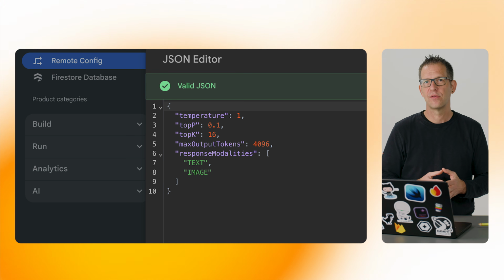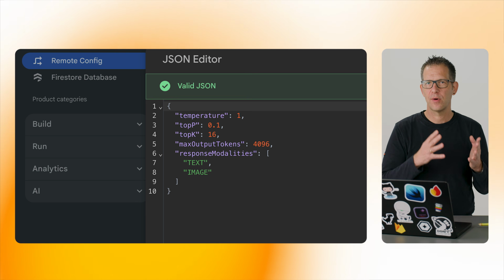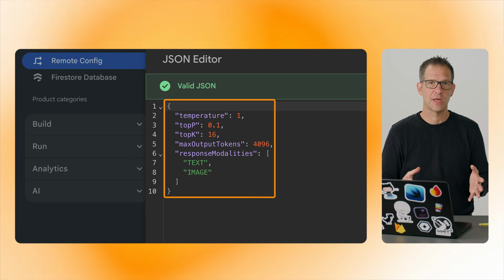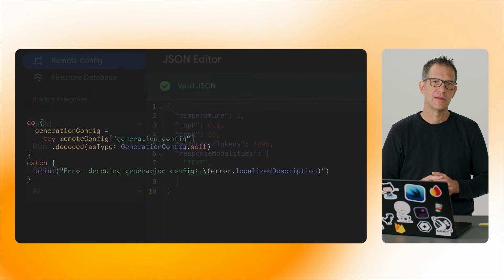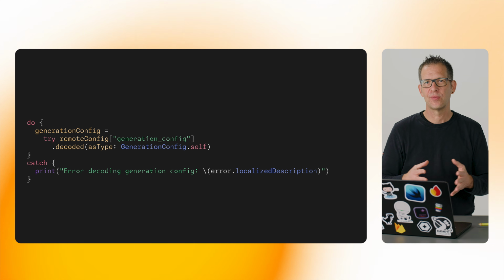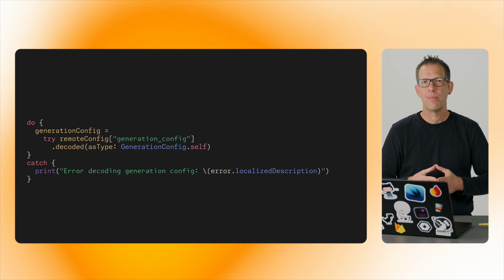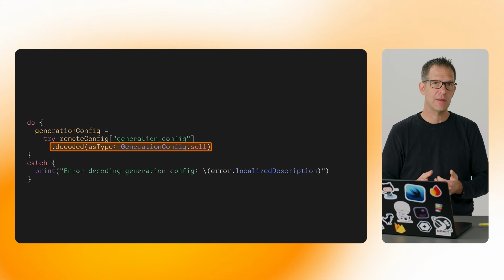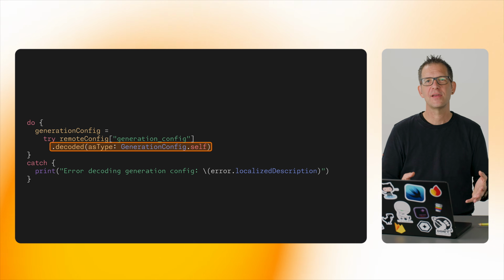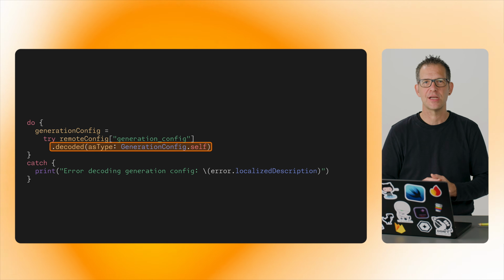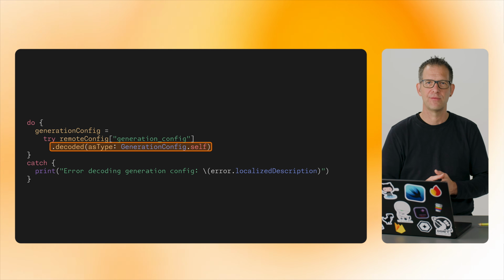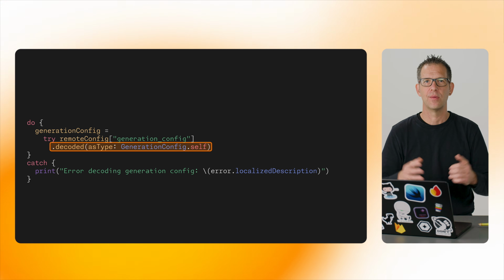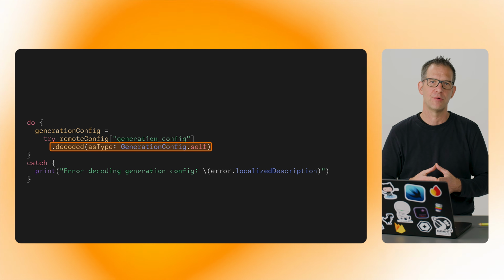Remote config supports JSON, so we can define the model parameters using a JSON object like this. Now, thanks to the Codable support in the Firebase SDK, mapping this JSON object to a Swift struct can be written as a one-liner. This is a game changer because you're fetching a complete type-safe configuration object in one go, reducing the risk of errors from managing multiple individual parameters.